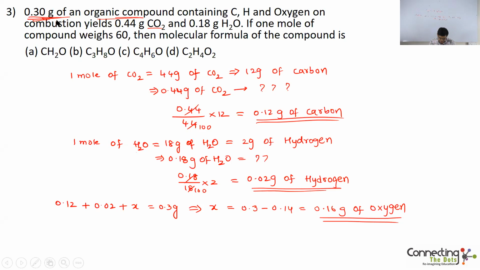Now let us find out the empirical formula. For simplicity, I'll write down the values here: 0.12 grams of carbon, 0.02 grams of hydrogen and 0.16 grams of oxygen.